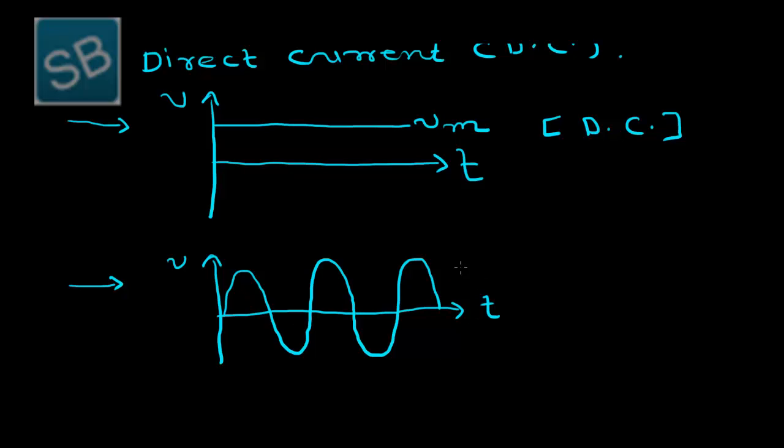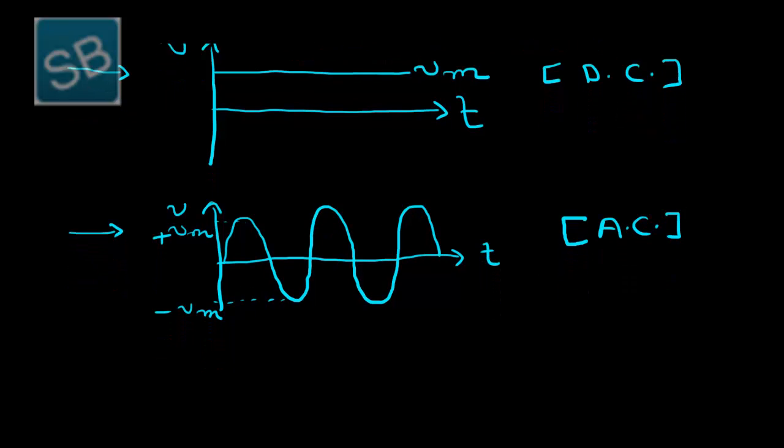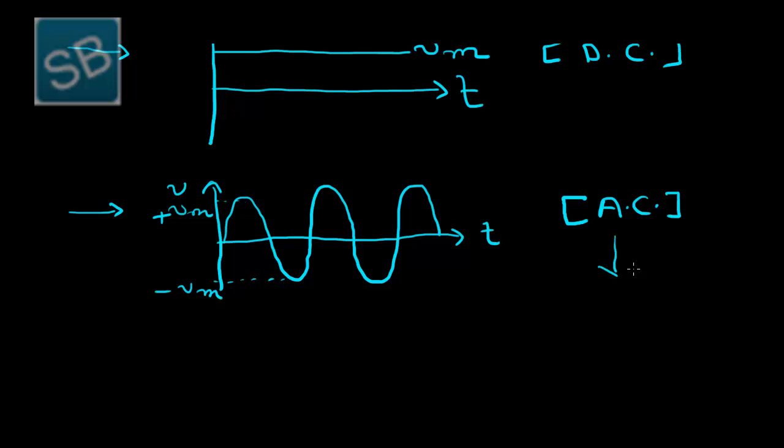So this is the voltage characteristic for alternating current, and the word alternating is used because the voltage is alternating with respect to time, and the magnitude of voltage remains the same on the positive side as well as on the negative side. This alternating current is used for our domestic electricity purpose.